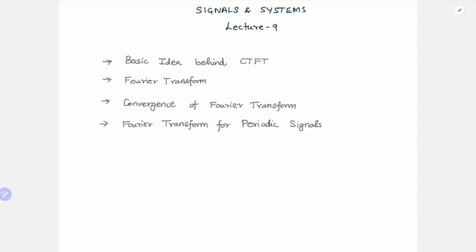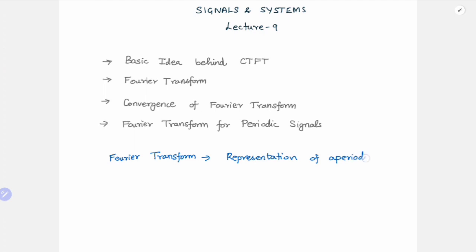So Fourier Transform is nothing but the representation of aperiodic signals with complex exponentials.